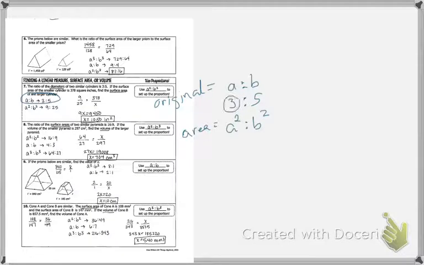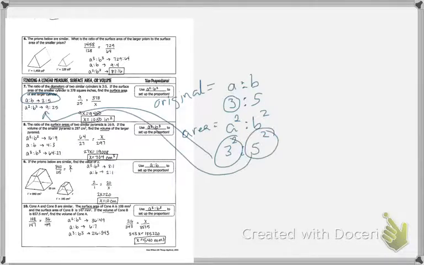So I have to do that and do that. 3 squared, 9. 5 squared, 25. So now I have the area ratio.